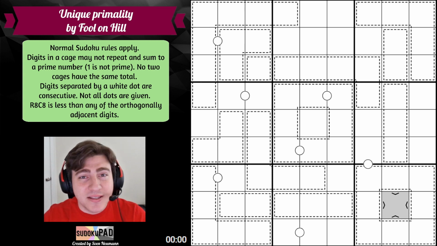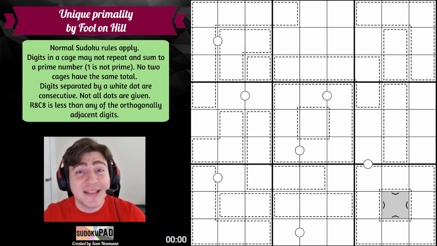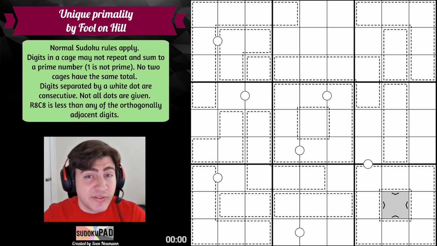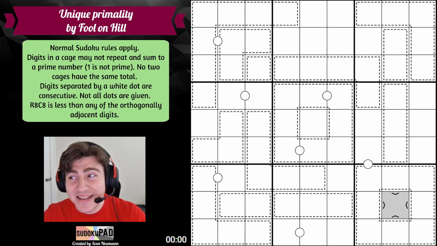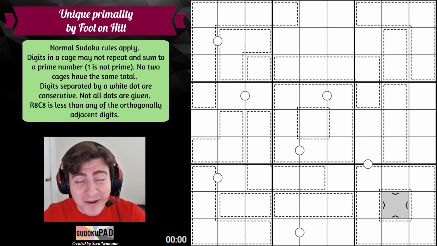In the opposite sense, we have our composite numbers, right? Like 6. So 6 is divisible by 1 and 6, but it's also divisible by 2 and 3. So because of that, it is not prime. And actually, 6 is an even number. Every even number besides 2 is not prime because it'll always be divisible by 2, right?